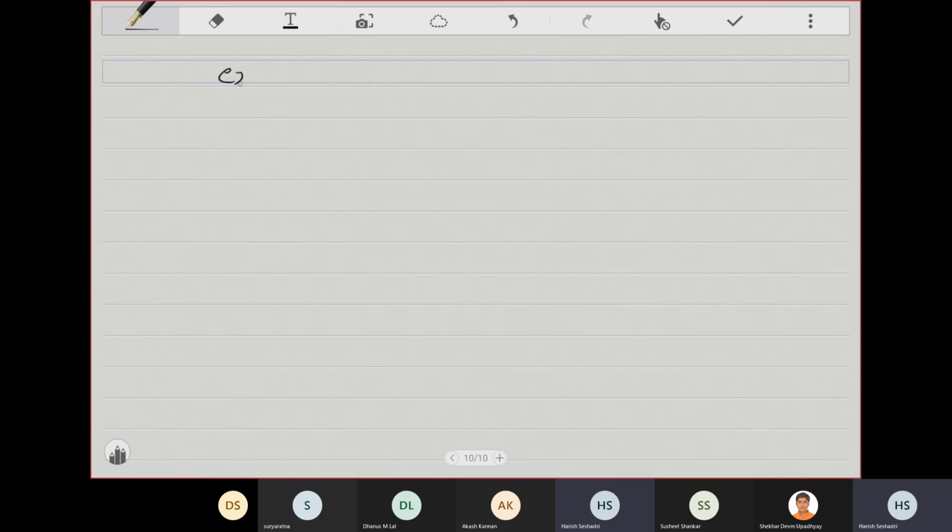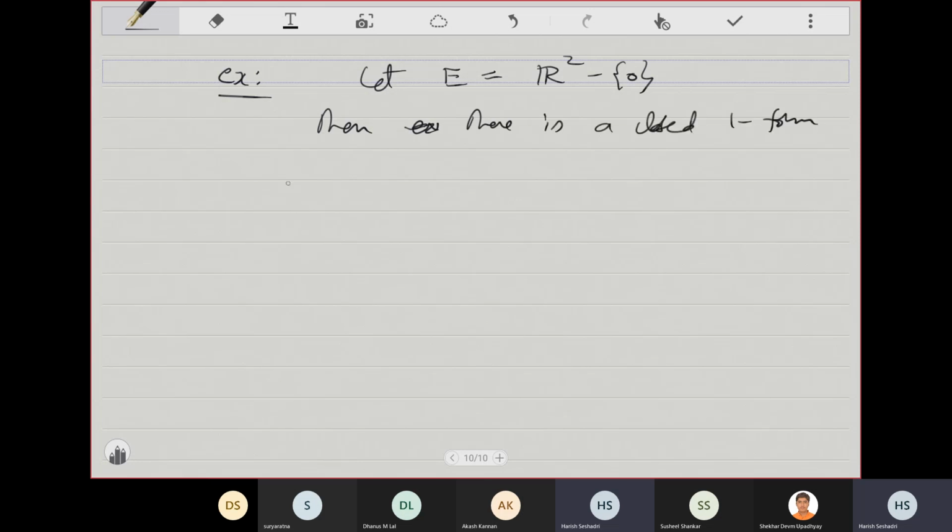Give another example. Let E equal R2 minus the origin. Then there is a closed one form on E which is not exact.